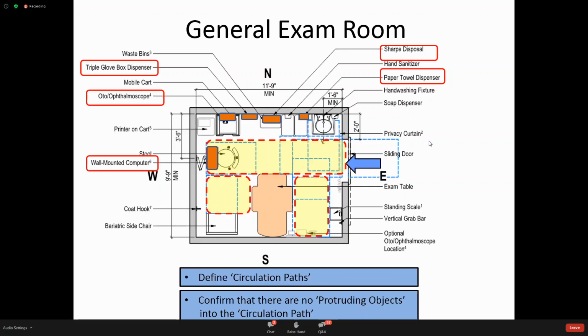Now, this is a smallish room. To take a step back on the protruding object issue, we talked about this at lunch a little bit, the essence of this is to protect people who are sight impaired from a hazard, from walking into a protruding object.